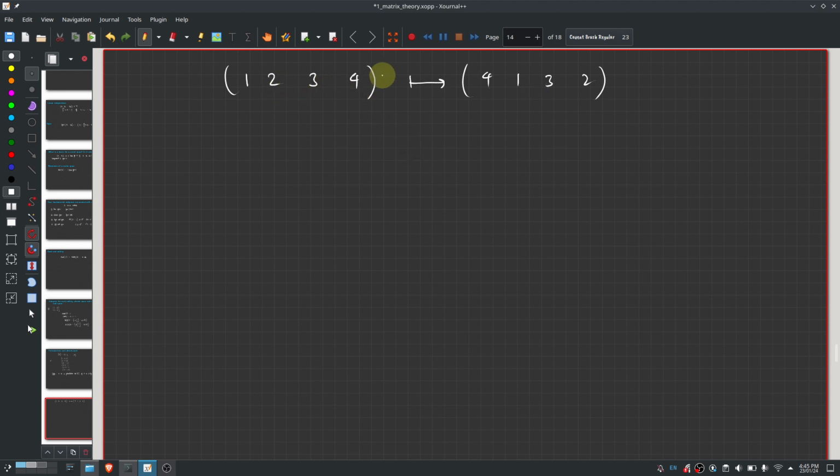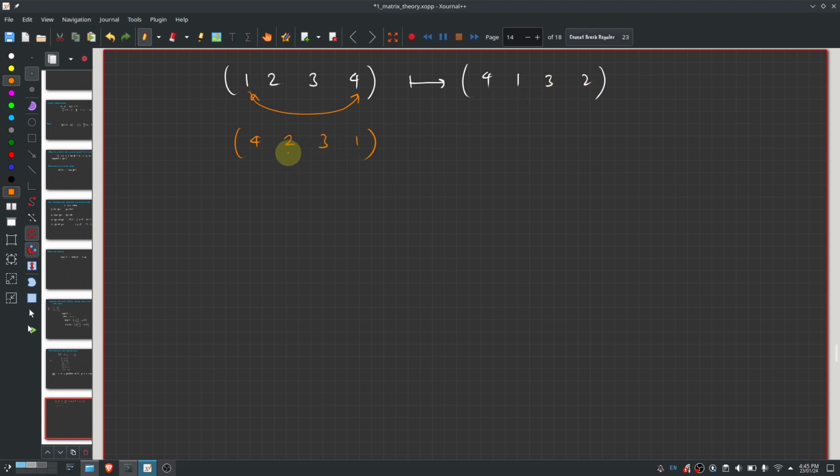Now I could go from 1, 2, 3, 4 using pairwise swaps. What do I mean by that? Let's say that I swap 4 and 1. If I swap these two, then I get 4, 2, 3, 1, and I need to get 4, 1, 3, 2.